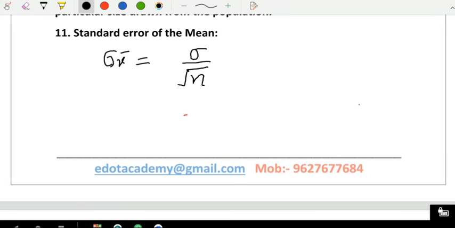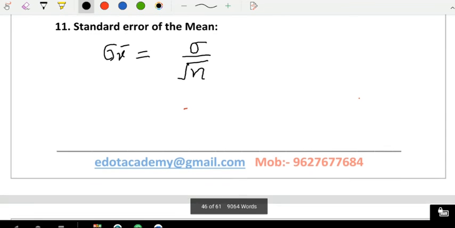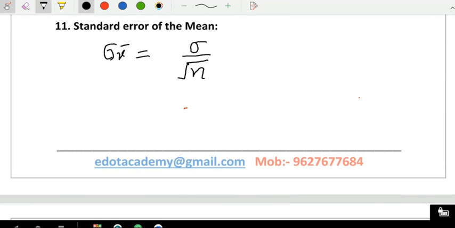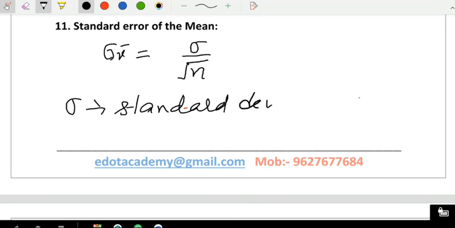Sigma is the standard deviation of the population, the big size. I repeat, sigma is the standard deviation of the population.